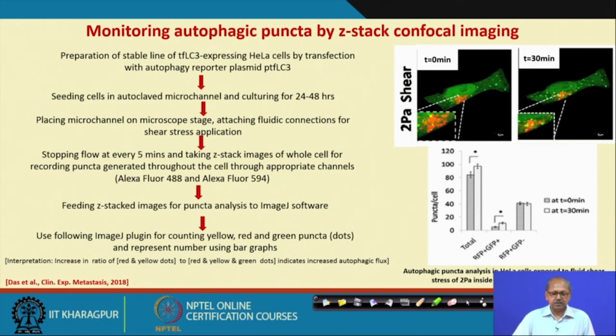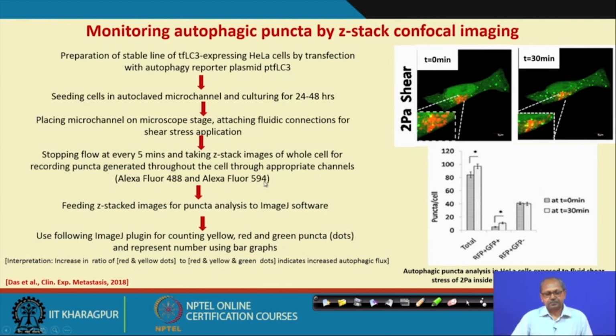That microchannel right now is placed on the microscope stage, and fluidic channels are connected for the shear stress application. Stopping the flow every 5 minutes, we take z-stack images of the whole cell and the channel. The cells in the microchannel are fixed, stained with Alexa 488 for green and Alexa 590 for red.